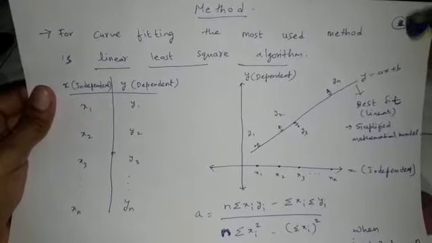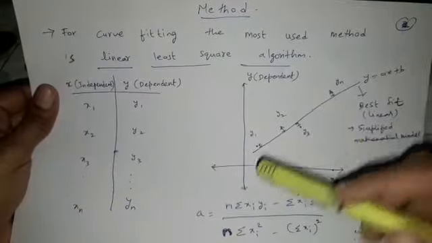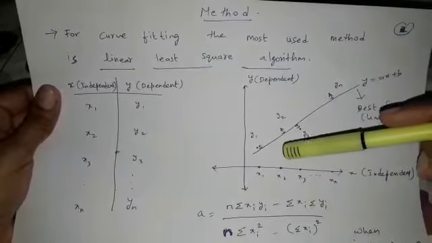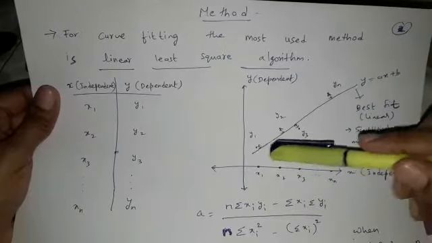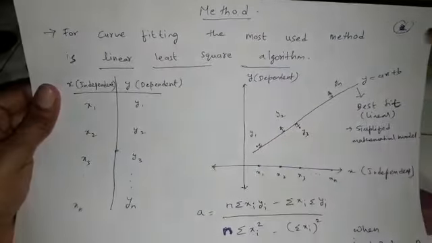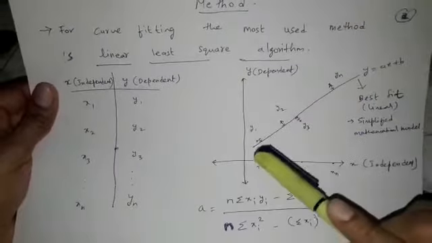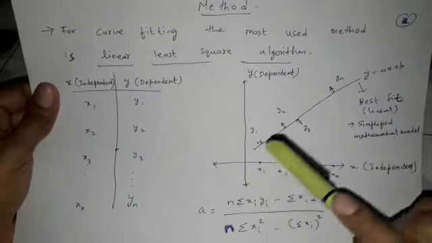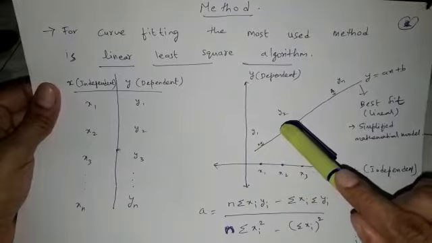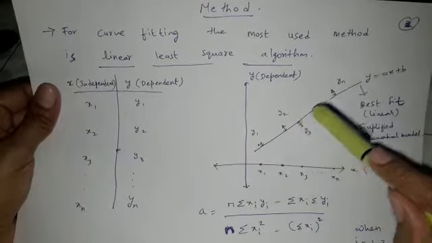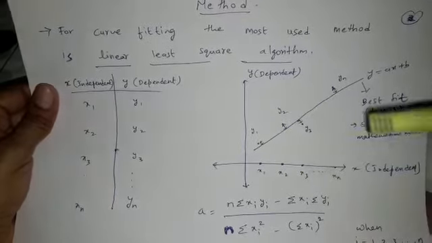If you see any numerical textbook, it will find a linear curve such that the sum of the squares of the distances from the points y1, y2, y3 up to yn to the straight line will be the least. The sum of the square of this distance plus this distance plus this distance, all these distances, will be the least.